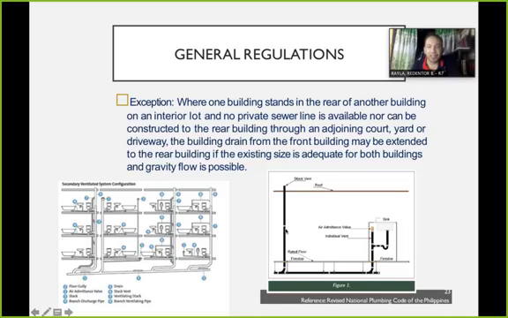Here we have the stack vent, the roof, and the building drain. So you have two stacks. You can connect here to the main stack. So that's the exception.